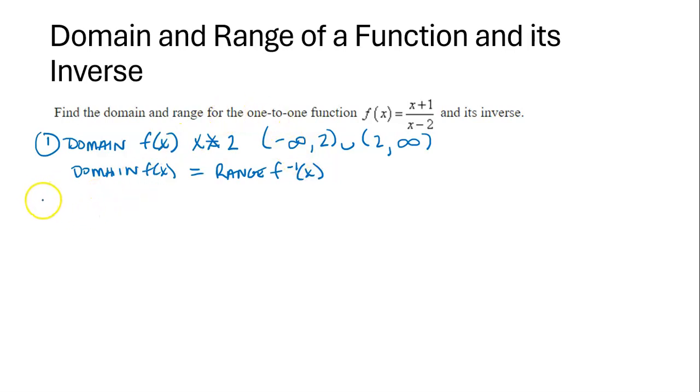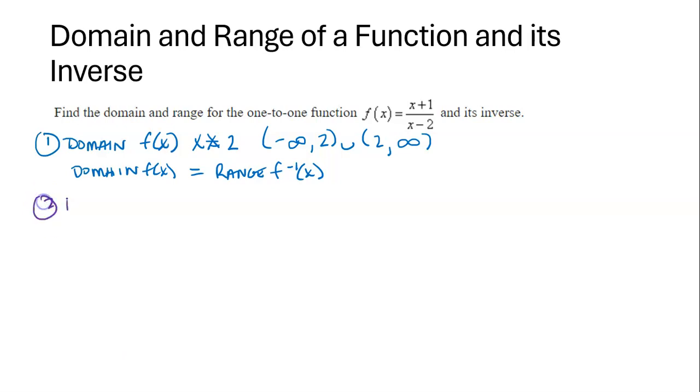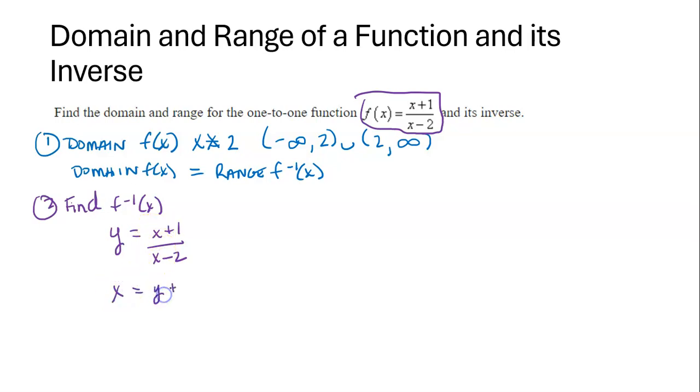So the second thing I'm going to do, let me change colors, because why not, is I'm going to find the inverse. So I have y is equal to x plus 1 over x minus 2. That's what I have right here. I'm going to switch my x's and my y's. So I have x is equal to y plus 1 over y minus 2.